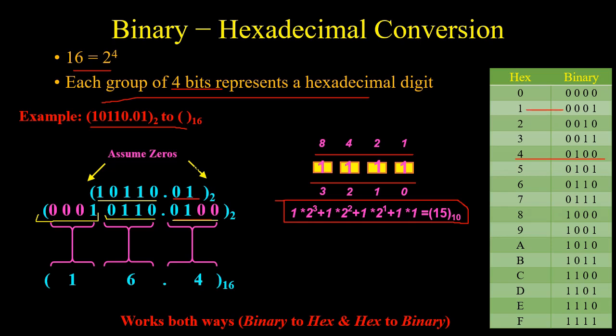So the required number will be 16.4 to the base 16. And this was binary to hexadecimal conversion.